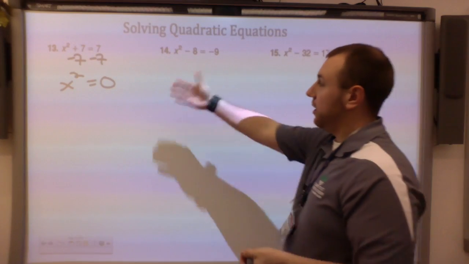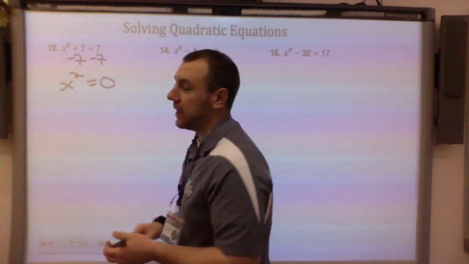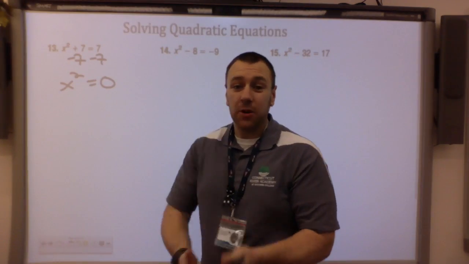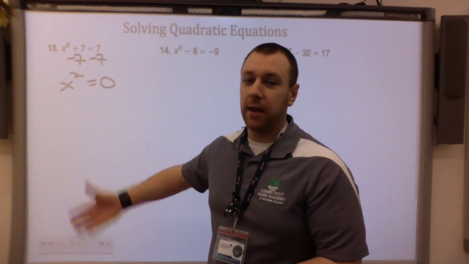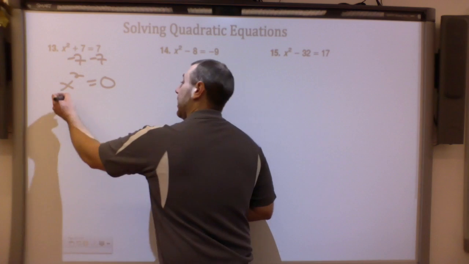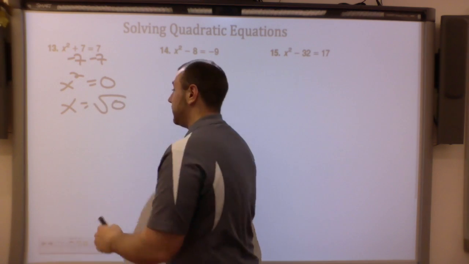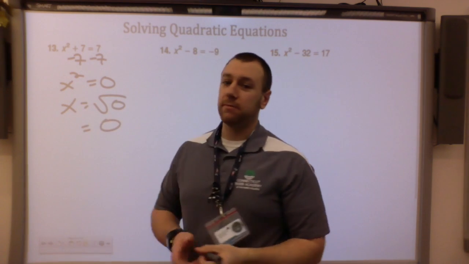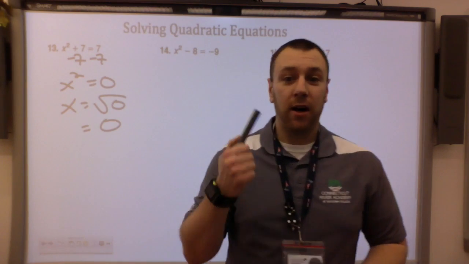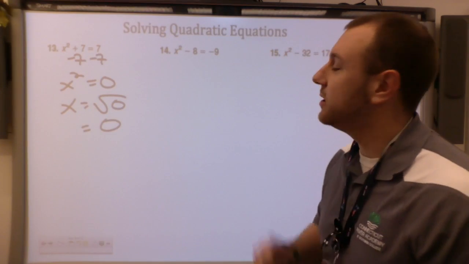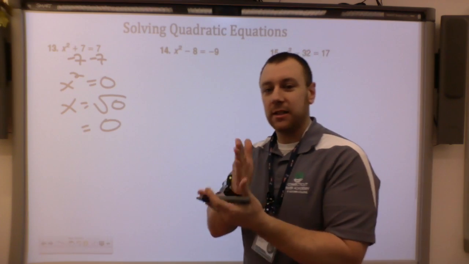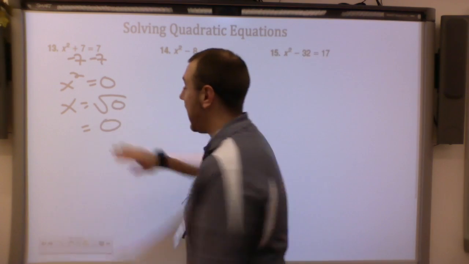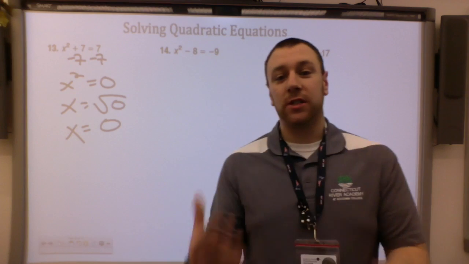Okay, 0 can't be an answer. I must have done something wrong. 0 is a perfectly fine number. It's a number that's in math. We use it all the time. The square root of 0 is just 0. Now you might ask yourself, isn't there supposed to be a plus or minus? 0 is neither negative nor positive. It's that middle number. So x just equals 0. It's just that one result.